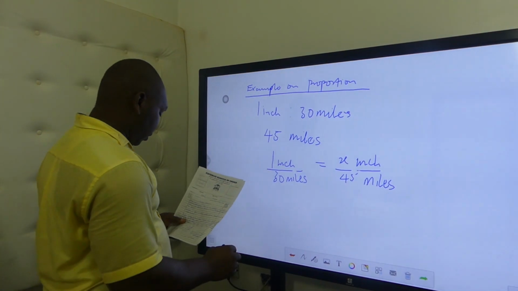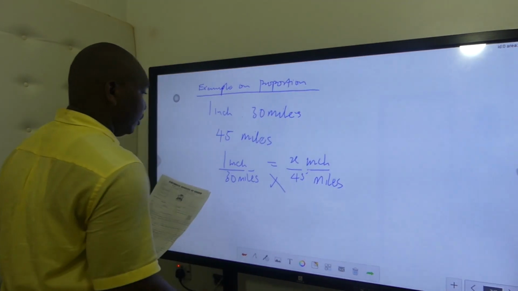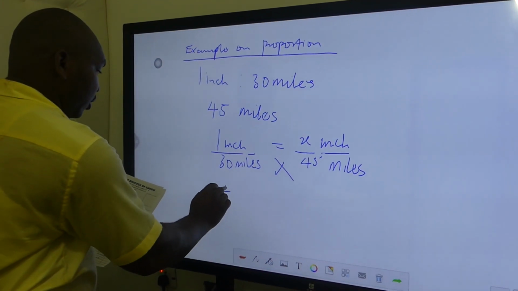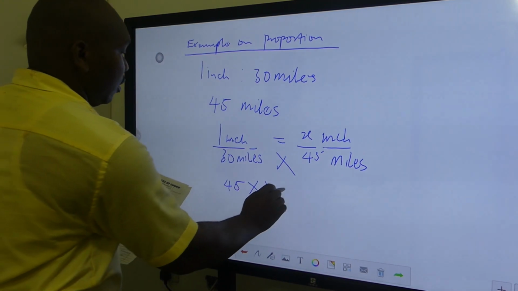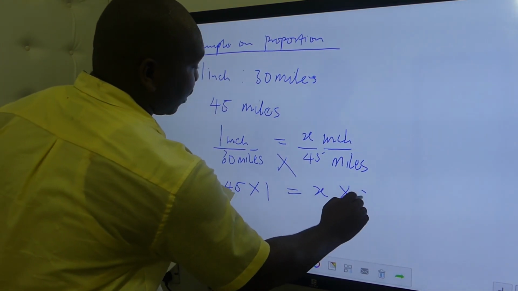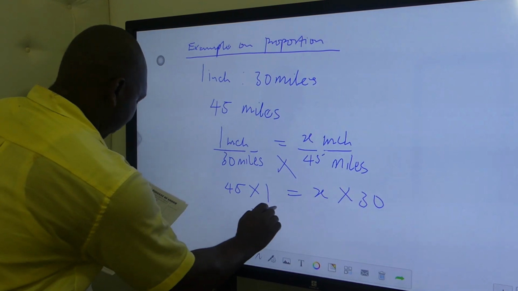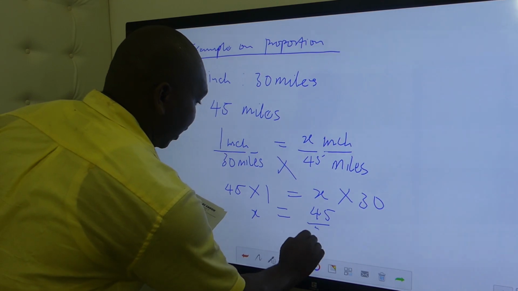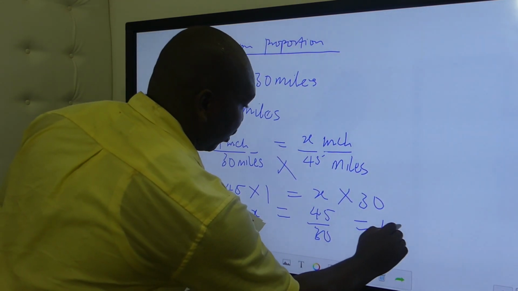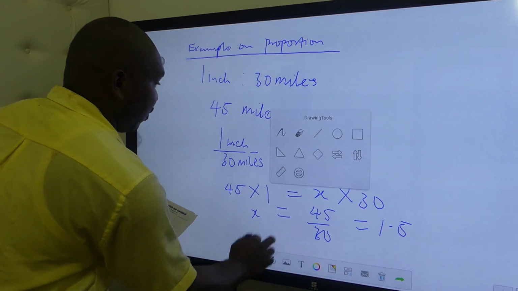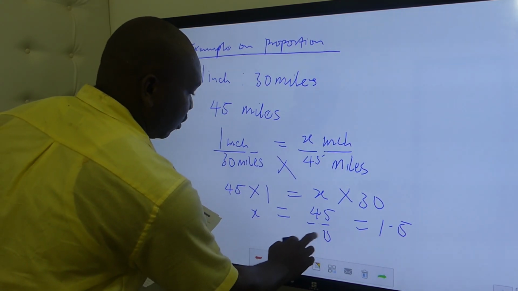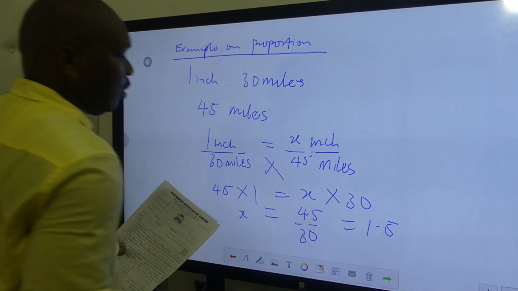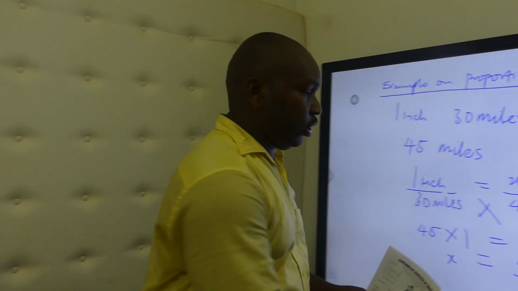Now you cross multiply. When you cross multiply, we now have 45 times 1 is equal to x times 30. Then x now is equal to 45 over 30, which is 1.5 inch.